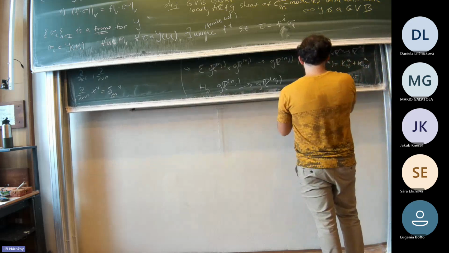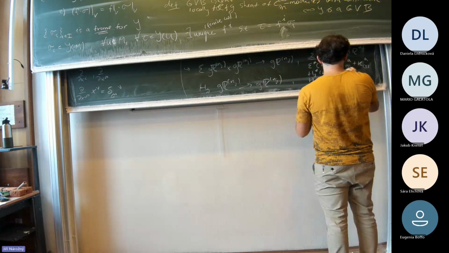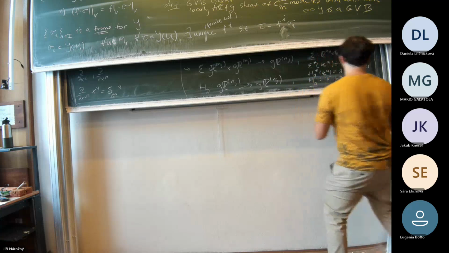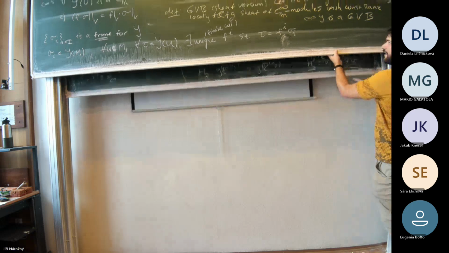And for h_lambda, the pullback of x^a is, not surprisingly, defined similarly. You just look at the ordinary case, look at what a pullback of a coordinate looks like, and then you go back here and define it like so for the graded case.